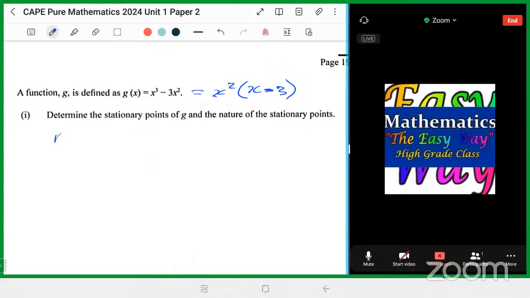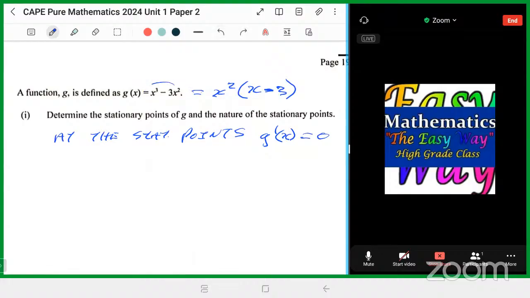So at the stationary points, the gradient function, which is g prime of x, is equal to 0. That's when I differentiate, I put equals 0.